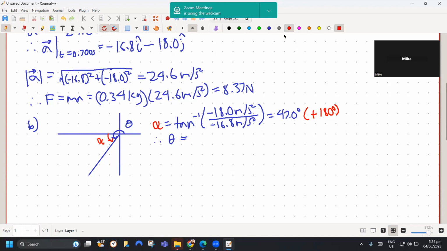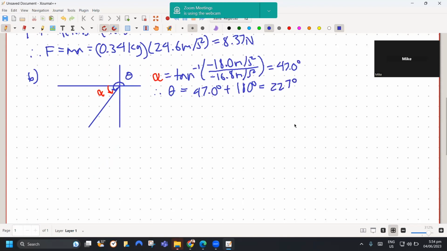And then, next line. Doon na mismo sa theta. So, theta is 180 plus, okay, which is 227 degrees. Ayan. Okay, letter C. The direction of travel naman at that time. How do you get that?